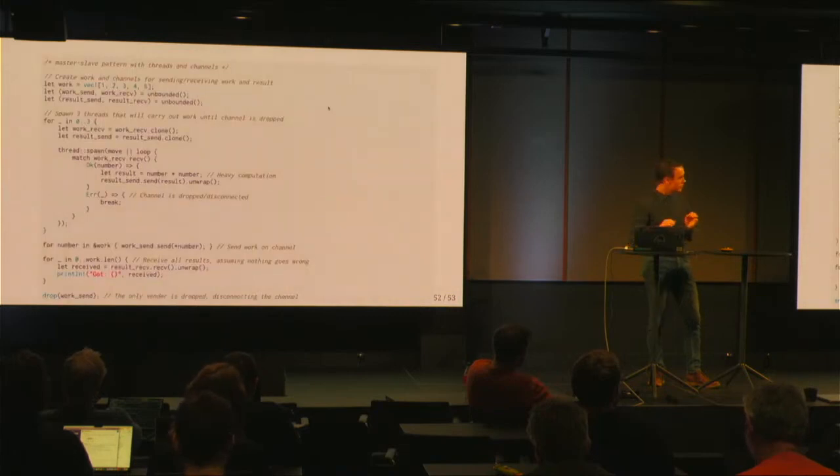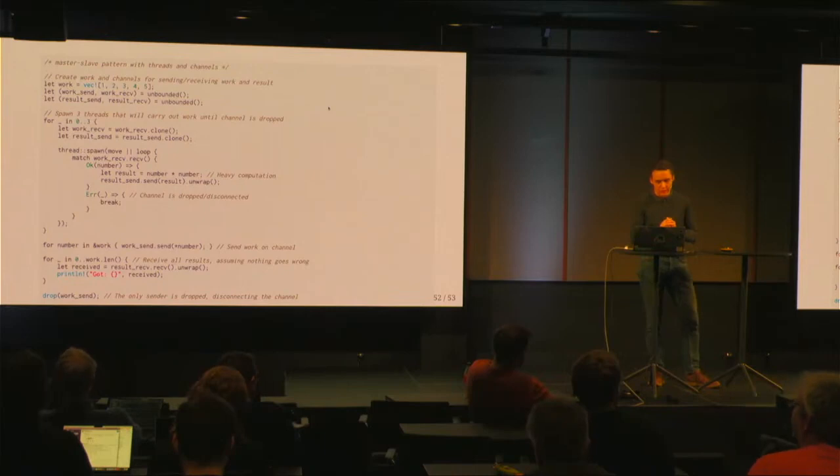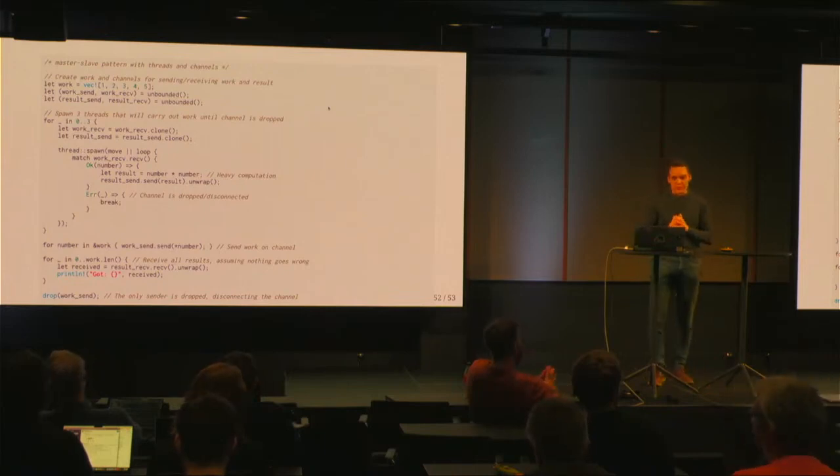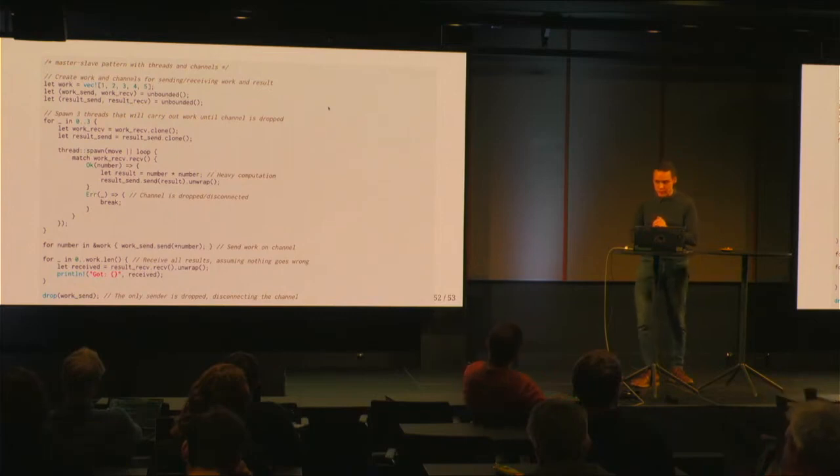And before we jump into the code in the project, just a little bit bigger example for channels and threads, a minimal master-slave pattern with threads and channels that we can use for the traveling salesperson problem. So we start out with some work here, a vector of some numbers.